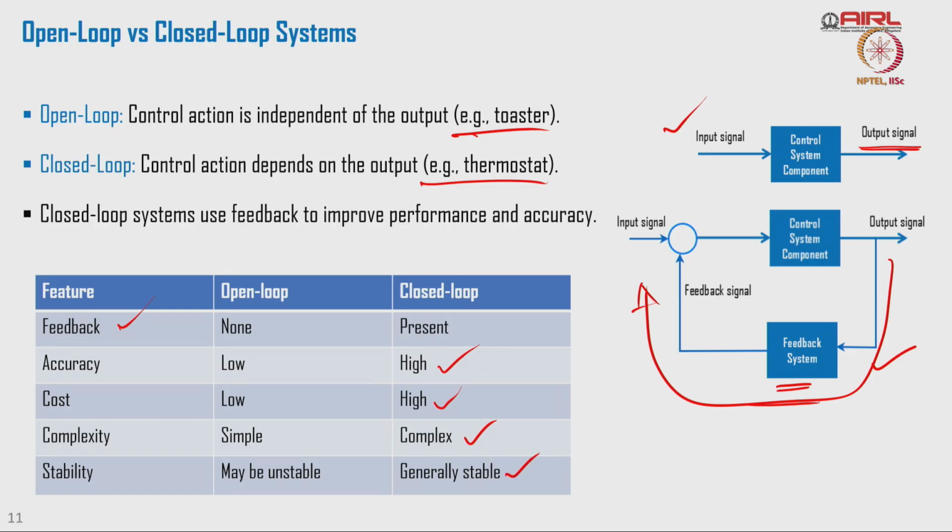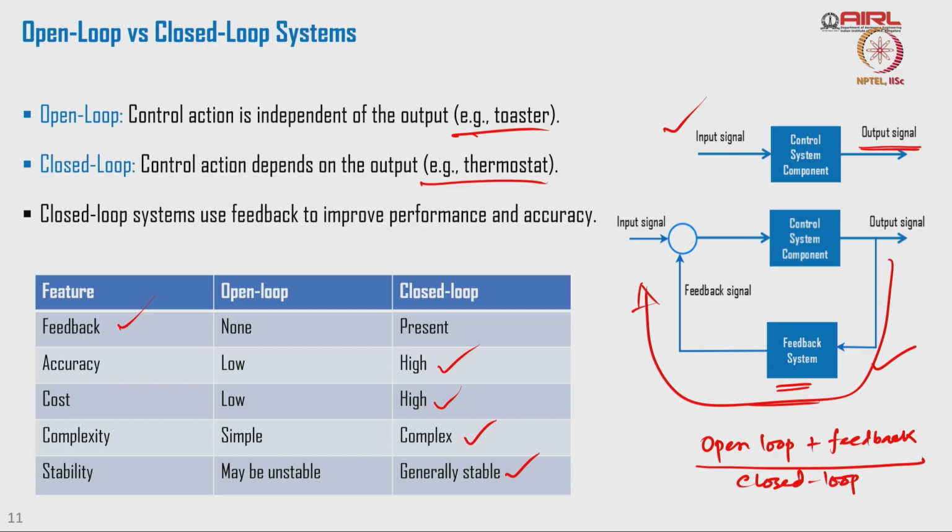So, we can see here that adding a feedback loop into the control system, first it was open loop, then we add feedback, which is very important. Once we add this feedback, the system becomes a closed loop system, the loop is complete now.